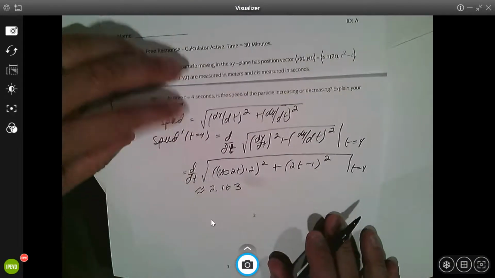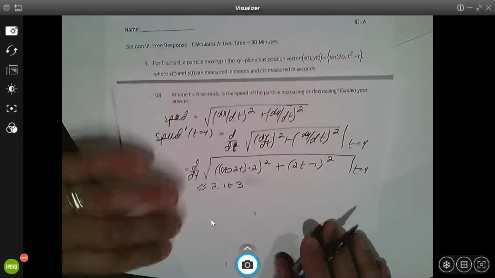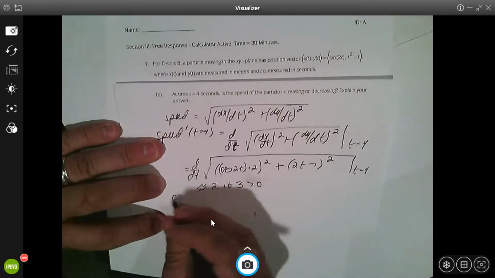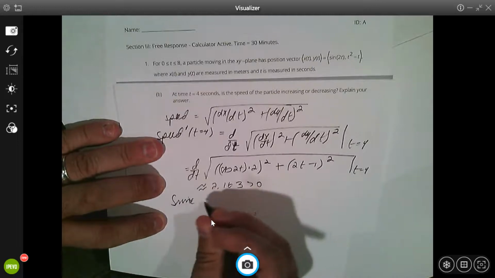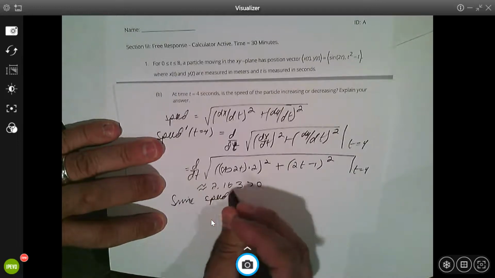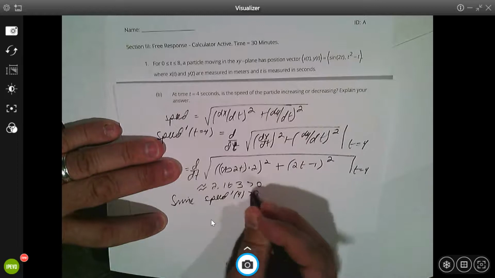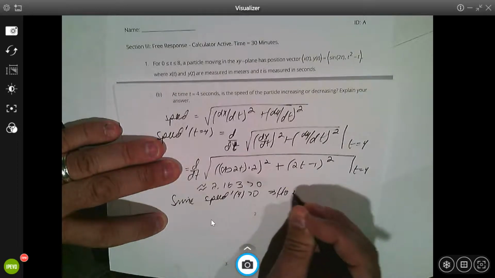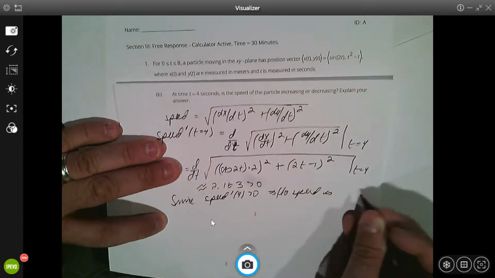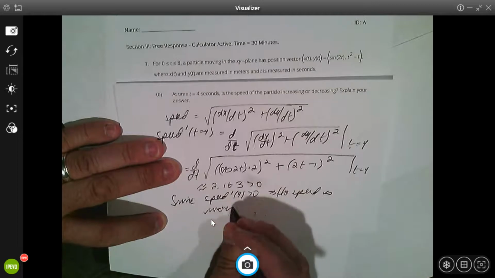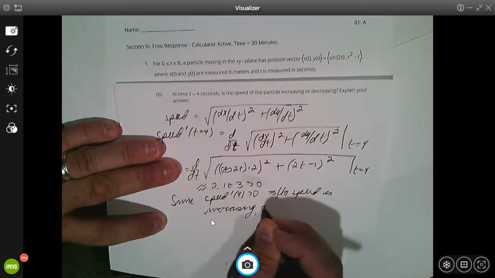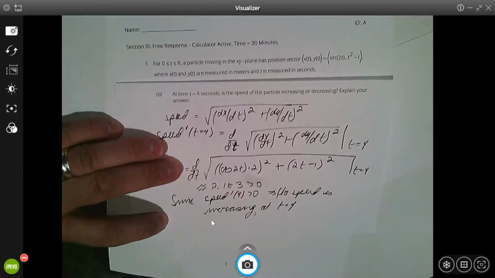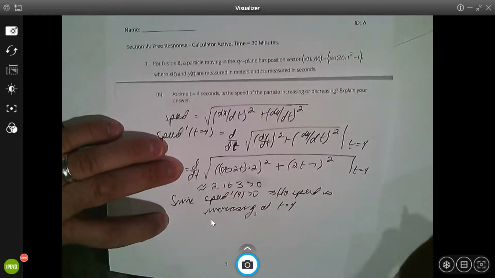Well, what does that mean? I know that that is positive, so I'd say something like, since speed prime at 4 is positive, the speed is increasing at time t equals 4.